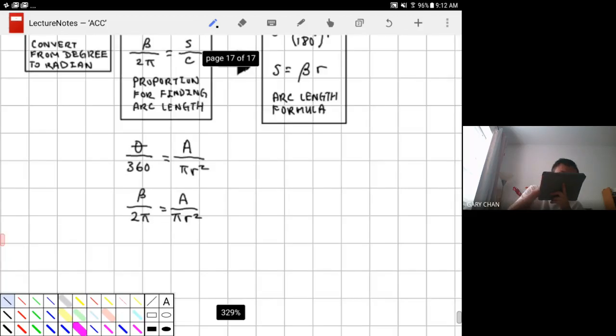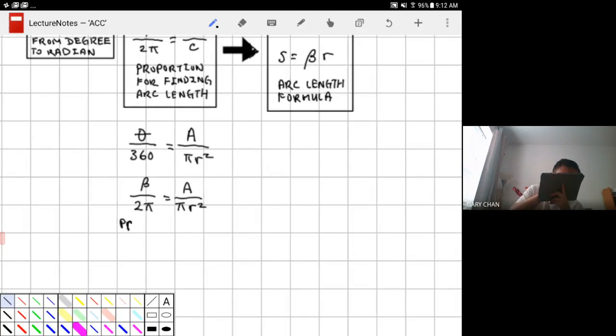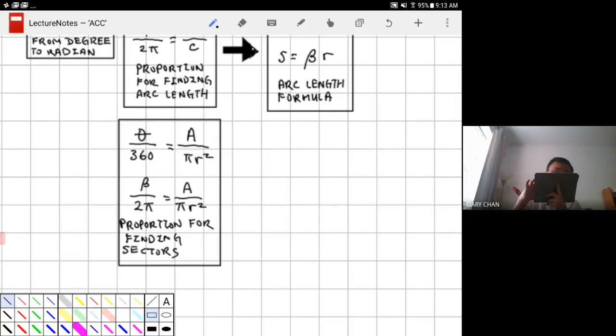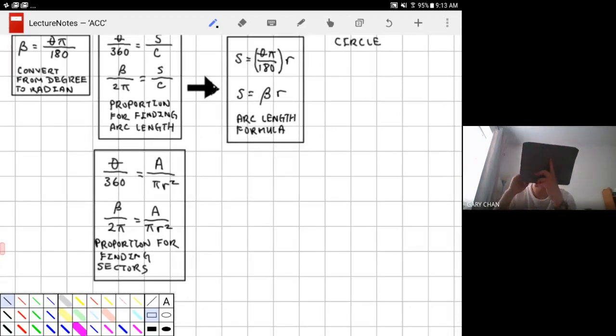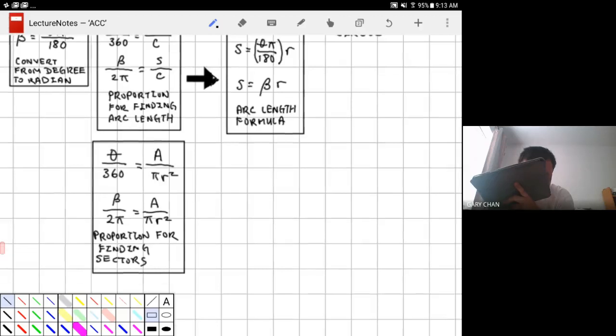This is the proportion for finding sectors. That was established, I think on Tuesday, when this idea of a sector was first introduced.